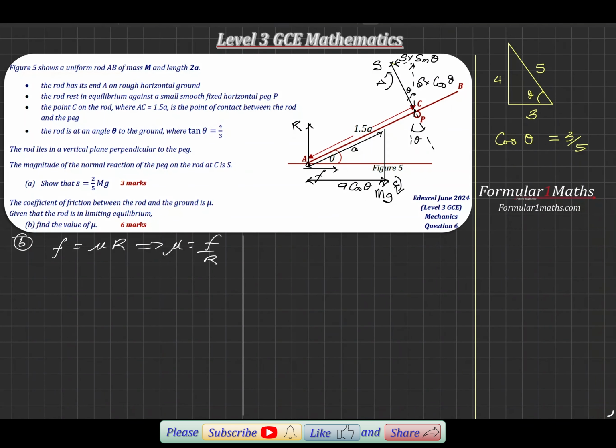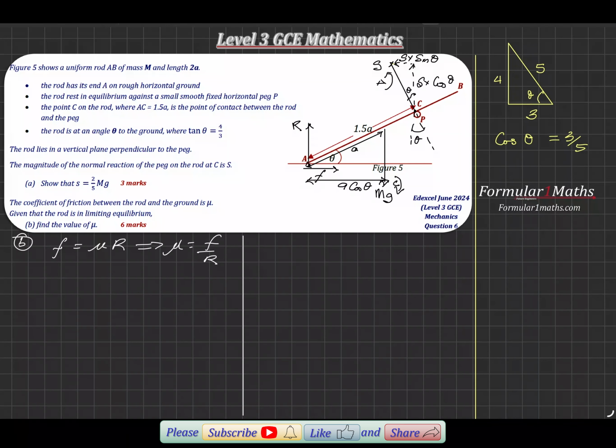So we can see that the only two horizontal forces that are keeping the rod in equilibrium are the frictional force and the horizontal force over there. So it means that F is equal to that.